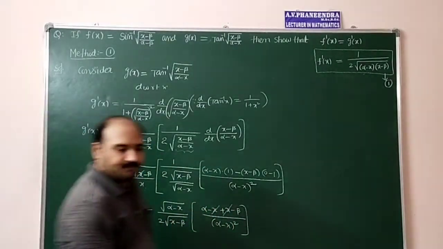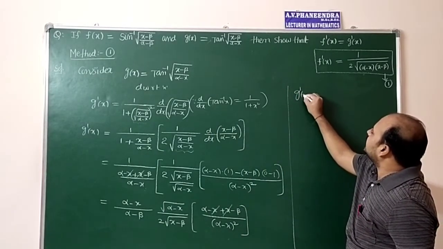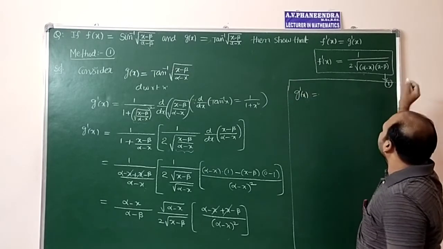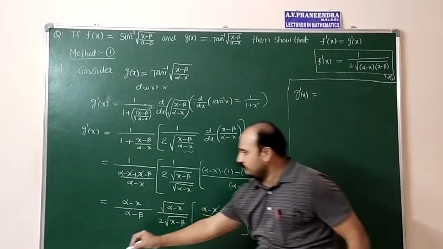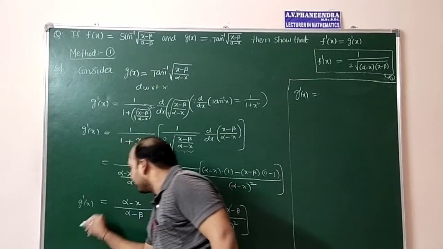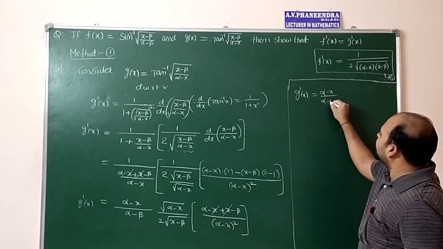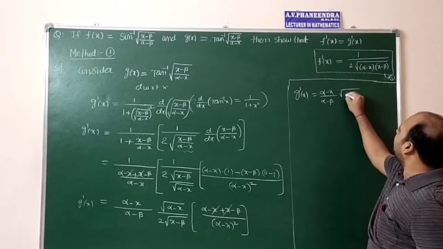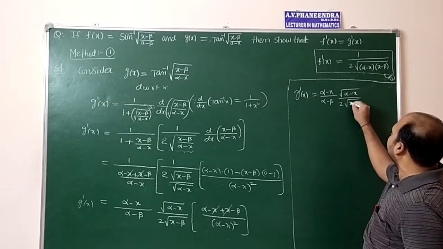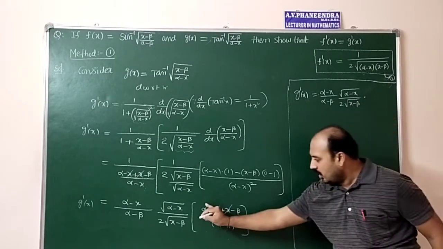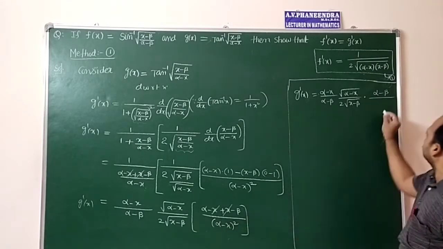In the next step, here I am writing g dash of x equal to alpha minus x divided by alpha minus beta, square root of alpha minus x by 2 into square root of x minus beta, into alpha minus beta divided by alpha minus x whole square.